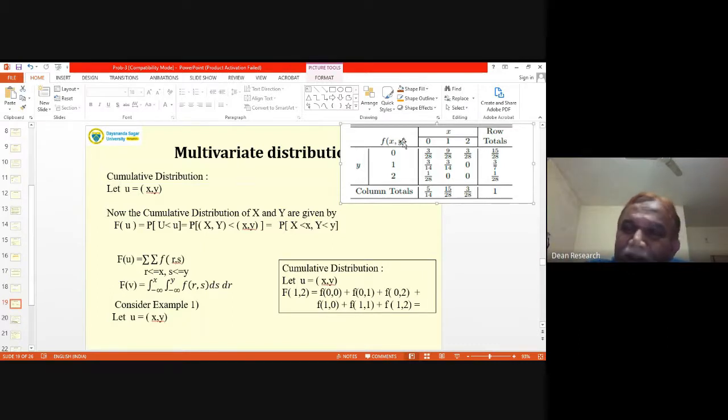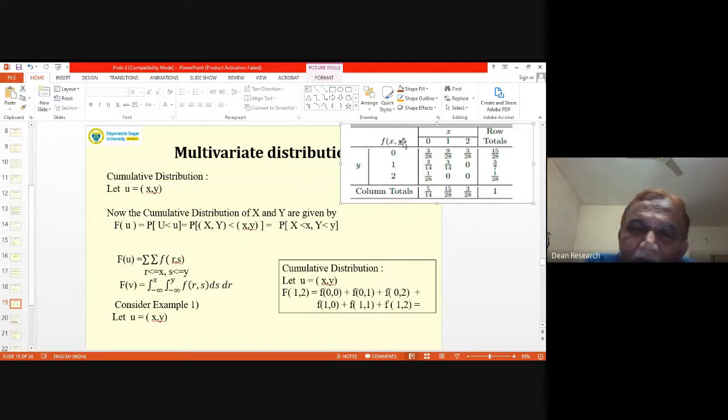In analytics, there are a lot of vector notations used. Anyway, it's simple. Now, the cumulative distribution of x and y is given by the formula given here.